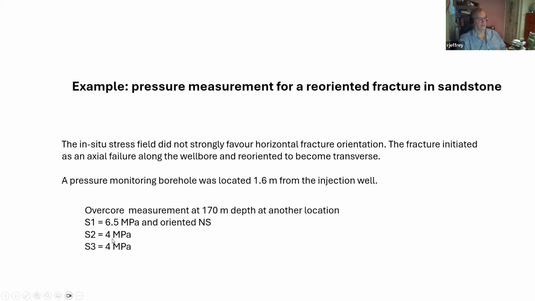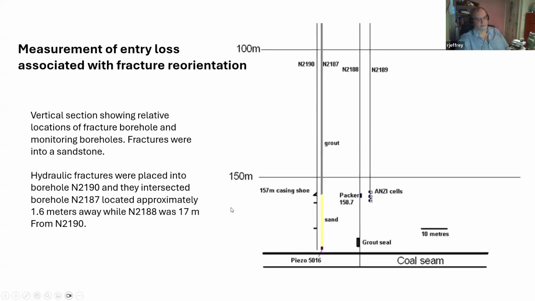And I think the subvertical stress was about 4. So it was actually sigma 2. So we thought we would end up perhaps with subvertical fractures at this location. As it turned out, we ended up with subhorizontal, but these stress measurements were the best we had as far as trying to prejudge what we would get.